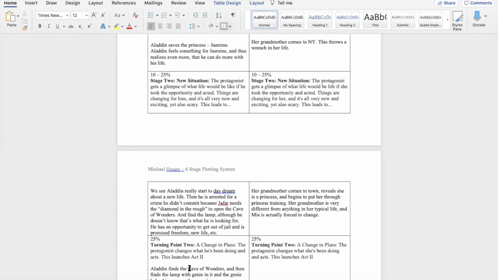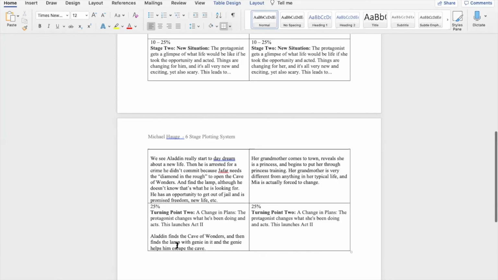Right, and of course, this really does start Act Two. It's pretty clear cut. Aladdin suddenly realizes, oh wow, with Genie in the lamp, I can be anyone I want. I can get the girl, Jasmine. So it's a very clear cut Act Two.